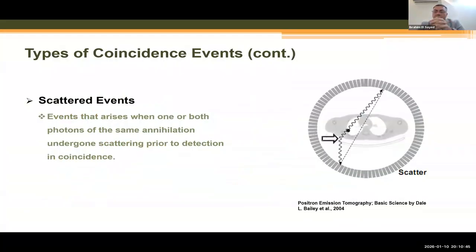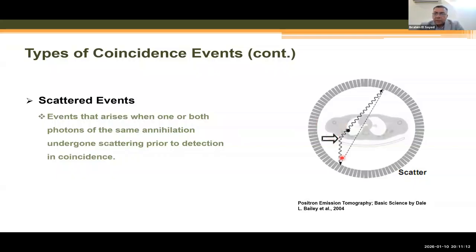The second one is the scattered event. It arises when one or both photons of the annihilation pair undergo Compton scattering in the patient's body or in the detector material before being detected. What happens is one of the annihilation photons strikes an electron in the tissue or the detector. The photon loses energy, scattering at an angle, like we see here.